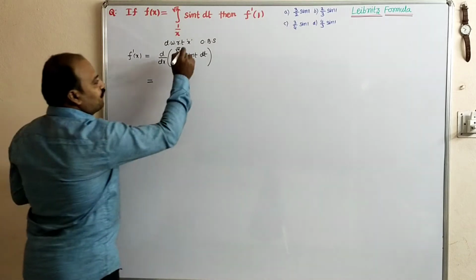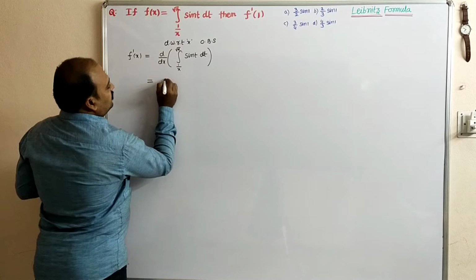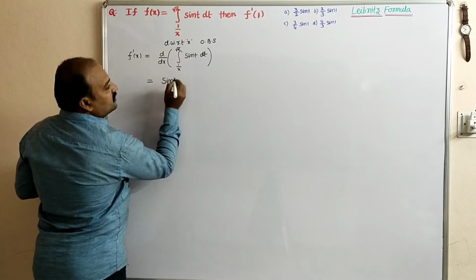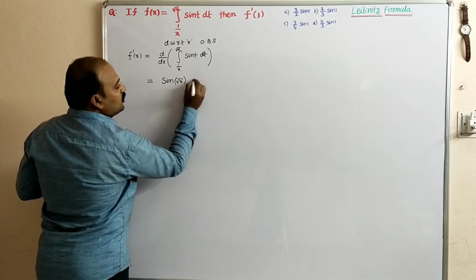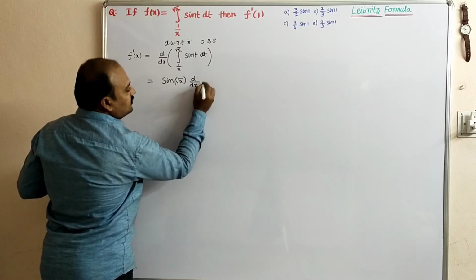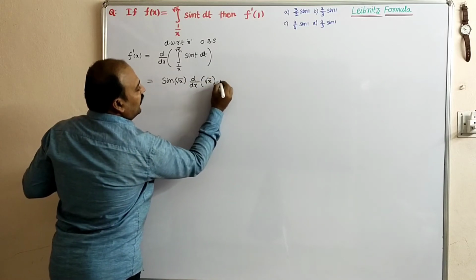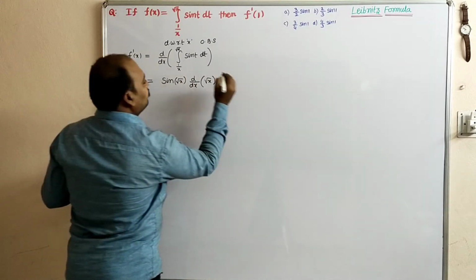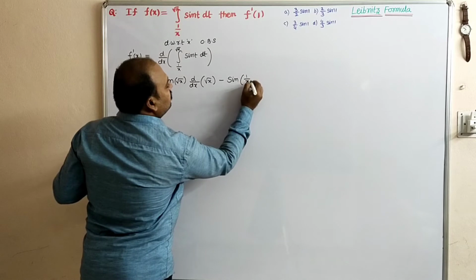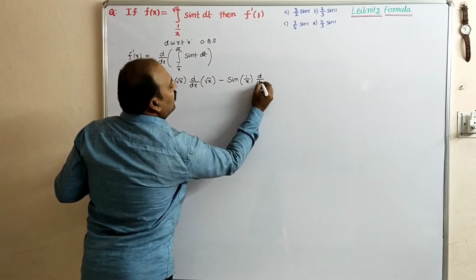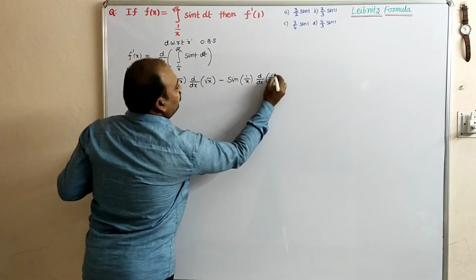See here, by using Leibniz formula, sin of root x into d by dx of root x, minus sin of 1 by x into d by dx of 1 by x.